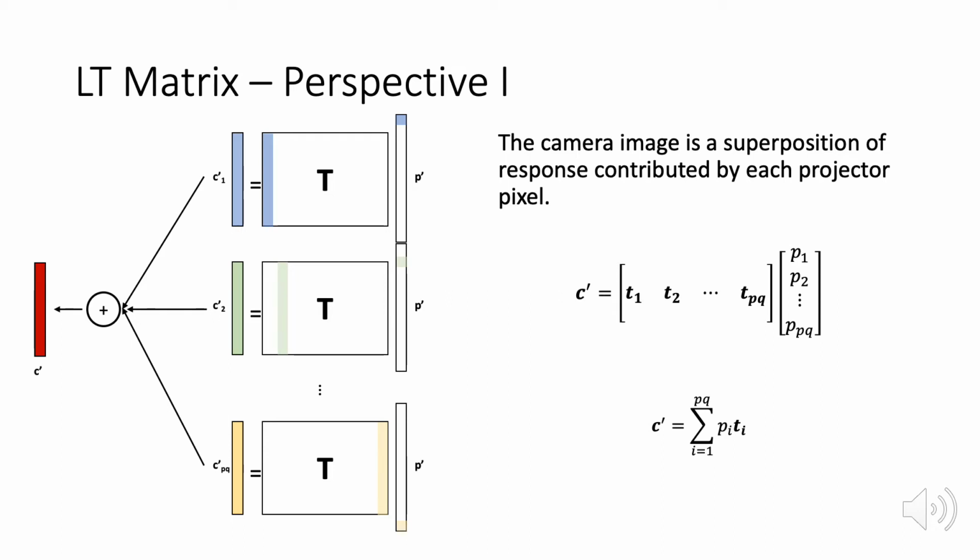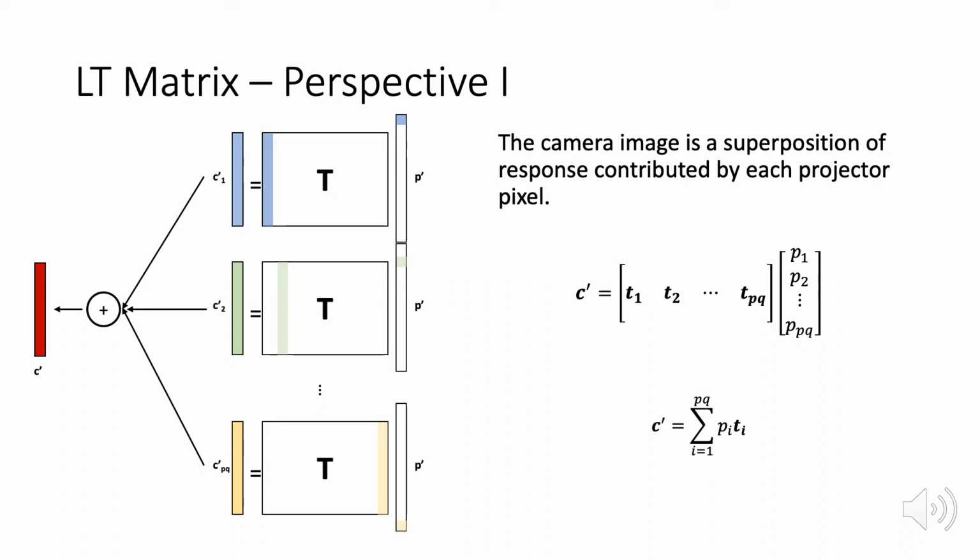To be intuitive, let's look at an example on your left. Suppose we light up all the pixels one by one, and then we can get the separate contributions, C'1 up to C'PQ. Notice how we get these contributions separately: we just multiply the projector irradiance with the coefficient vector, which is a column vector in the light transport matrix.